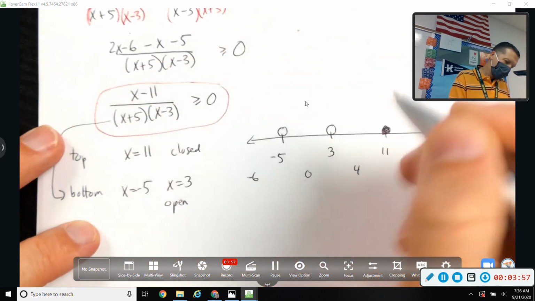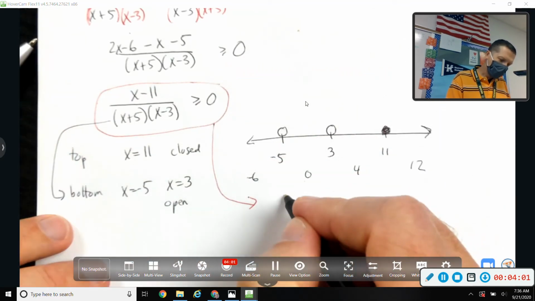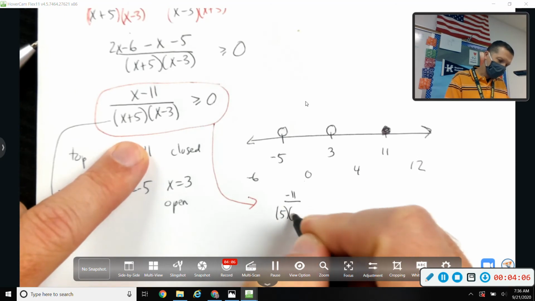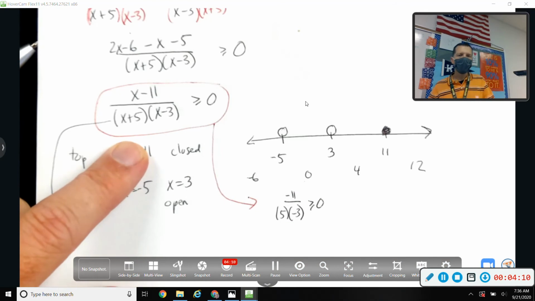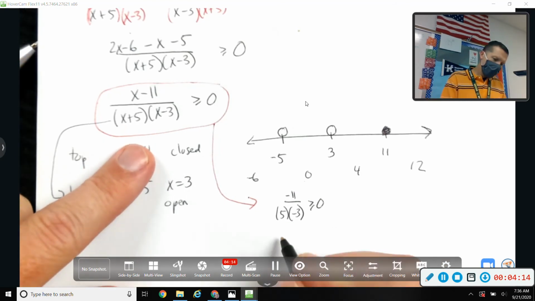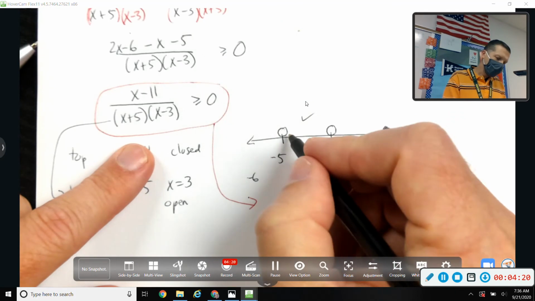And I think into the factored form is probably the easiest place to check it. So negative 11 over 5 times negative 3. And I'm trying to see if that is greater than or equal to 0. So negative over negative is a positive. So yes, that works.